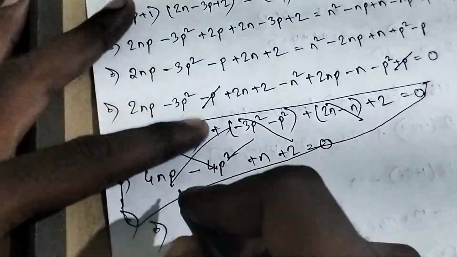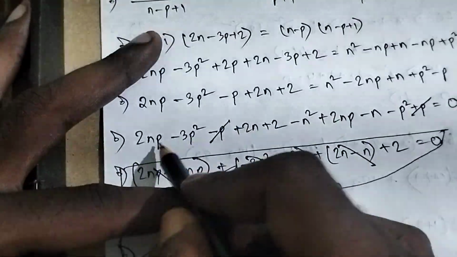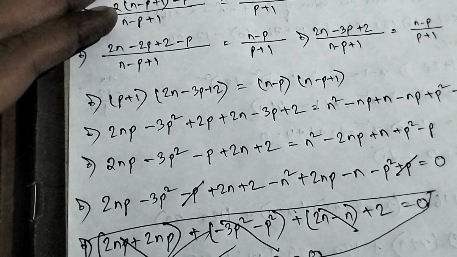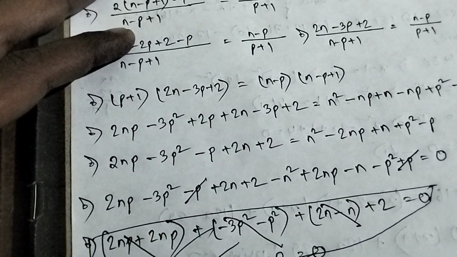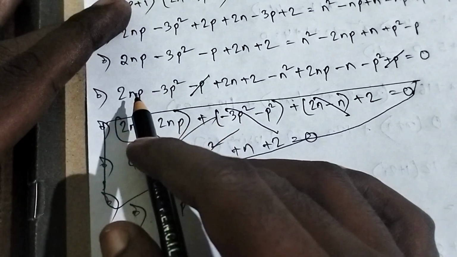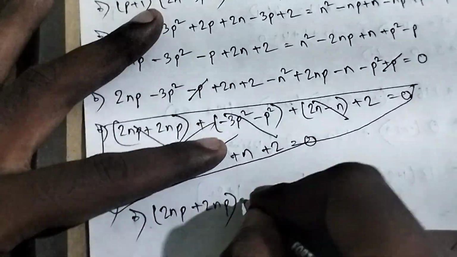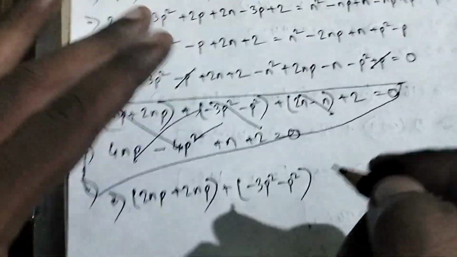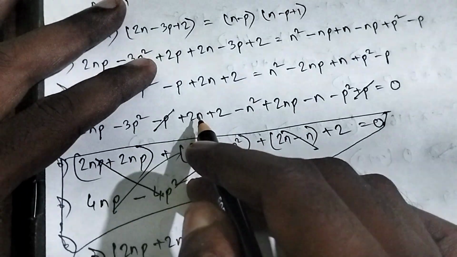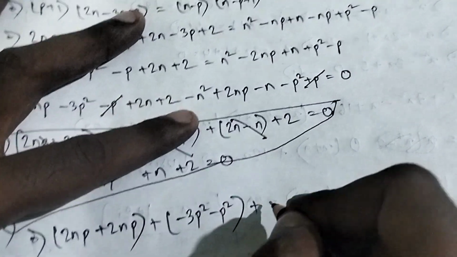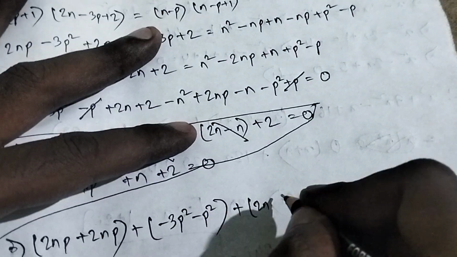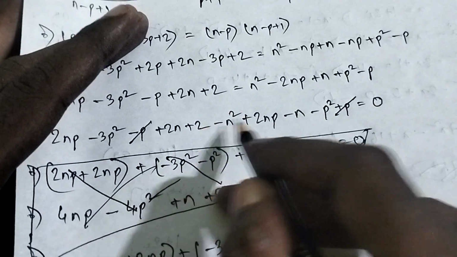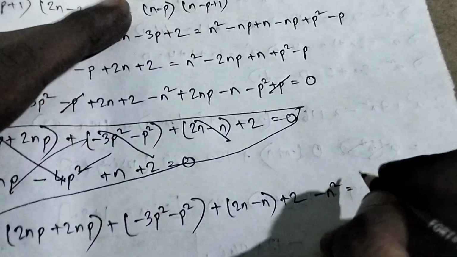Two np plus 2np, plus 2np, okay, minus 3p square minus p square, okay, plus 2n minus n, okay, then plus 2, okay, then minus n square is equal to 0.